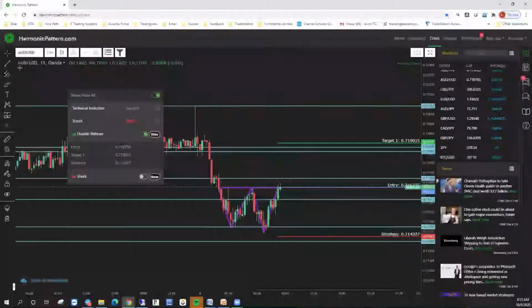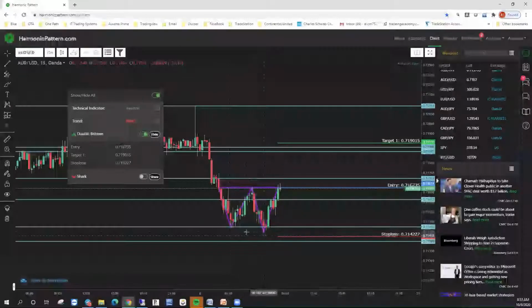This is on the Aussie US that we're talking about, 15-minute chart, and it says it's got a double bottom. Remember we talked about M's and W's. Here's the W. Also, look at this, we have divergence here. We have a low, we have a lower low. And I'm going to guess if you have the RSI on here, you'd probably have a higher RSI on this.